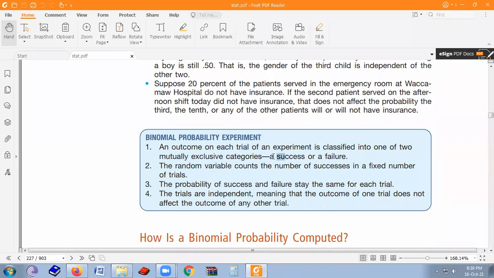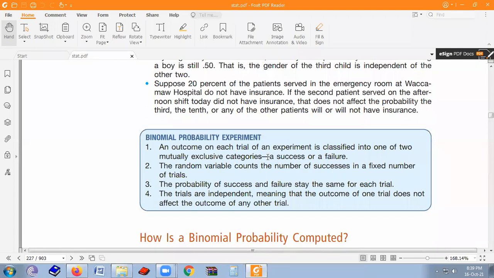Normally one is called success, that means what you want is called success, and what you do not want is called failure. Success does not mean good or better, and failure does not mean bad. Only the category that you want is called success.